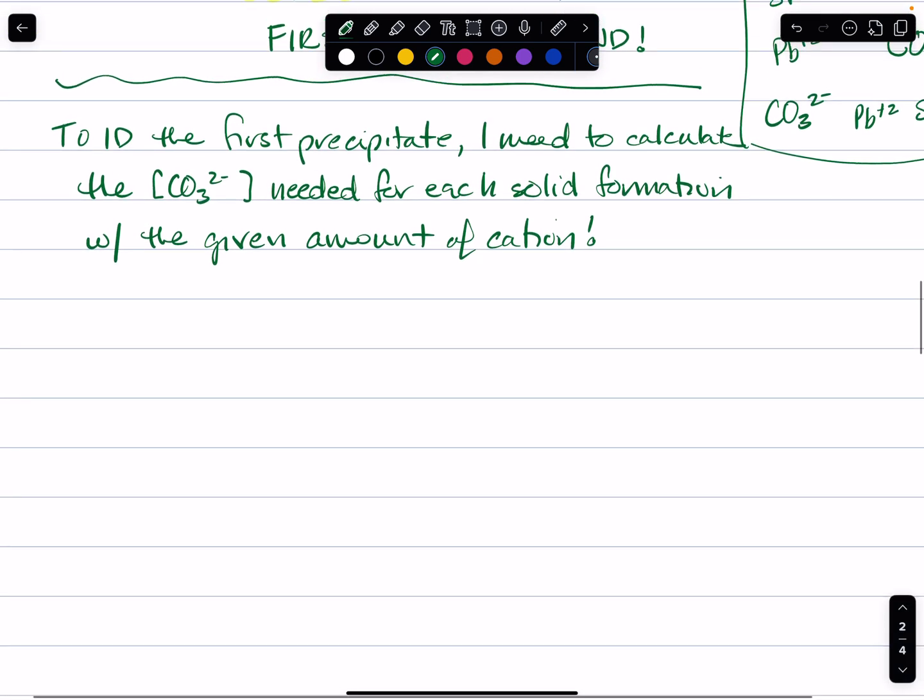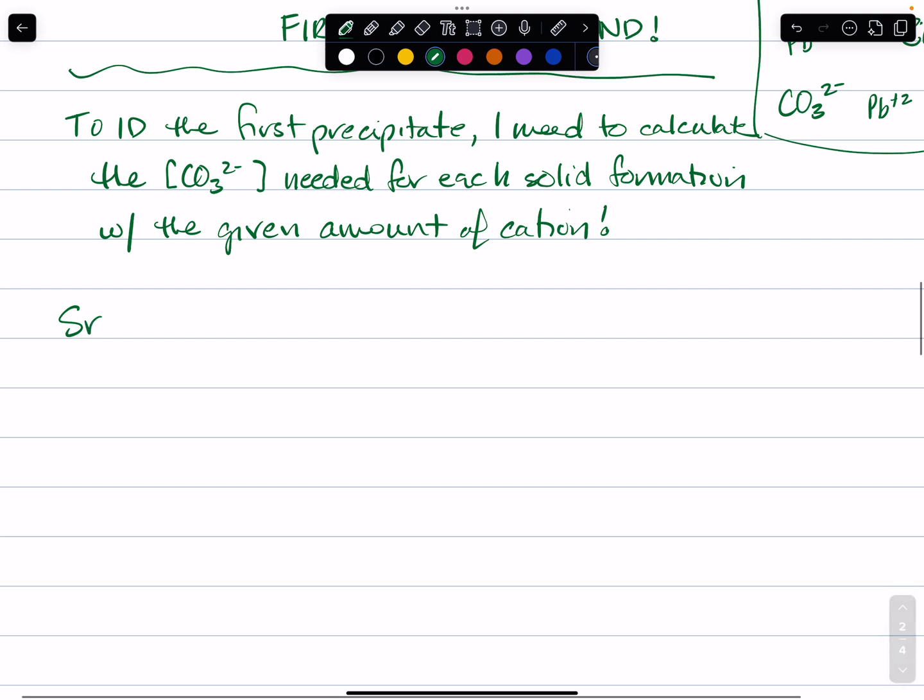I'm going to start with strontium carbonate, SrCO3.